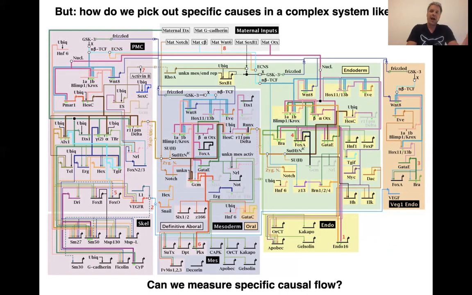So how, and this is what we're going to discuss in today's lecture, how can we measure the flow of causation through a complicated developmental process? Okay. And so before we do that, we need to build up a bit of a toolkit, yet again, I'm sorry.